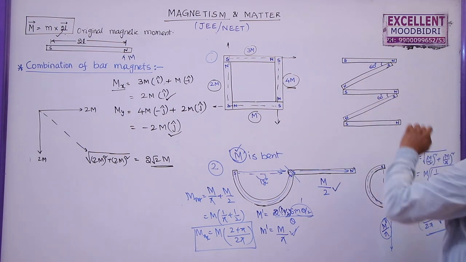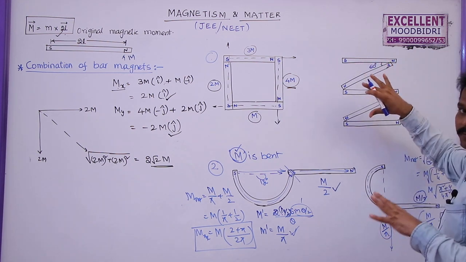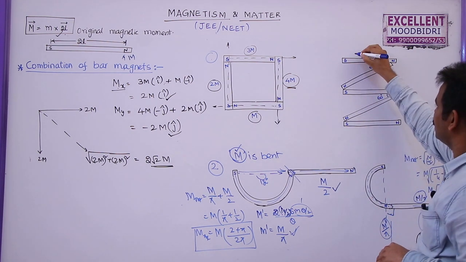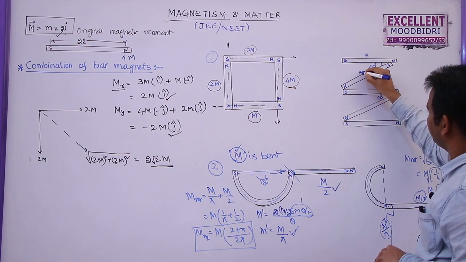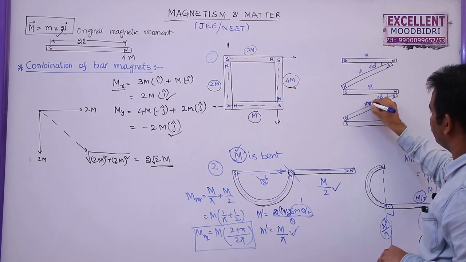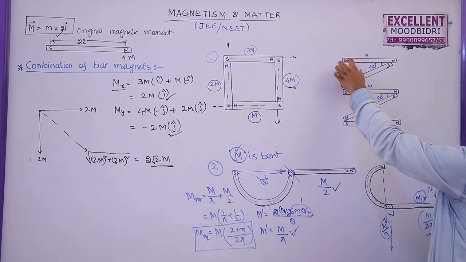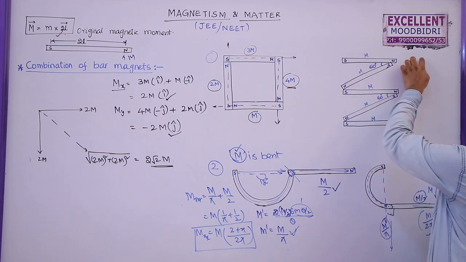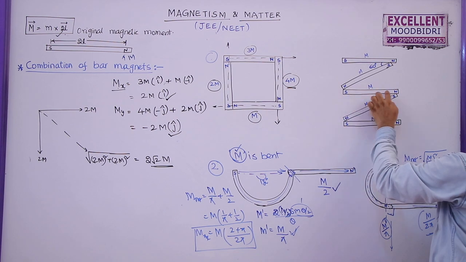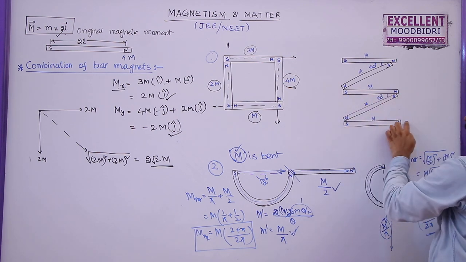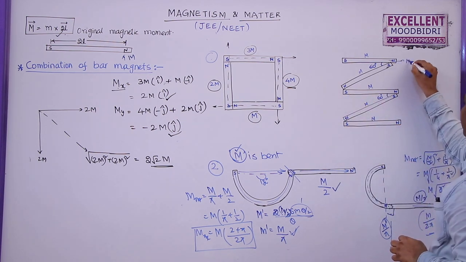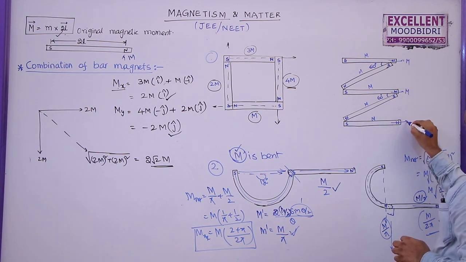Now see this diagram. Here 5 different magnets are arranged like this. Each magnet has a magnetic moment m. You can see in this diagram, the first magnetic moment is acting along the x-axis, the third one is acting along the x-axis, the fifth one is also acting along the x-axis. So this is m, this is m, this is m.